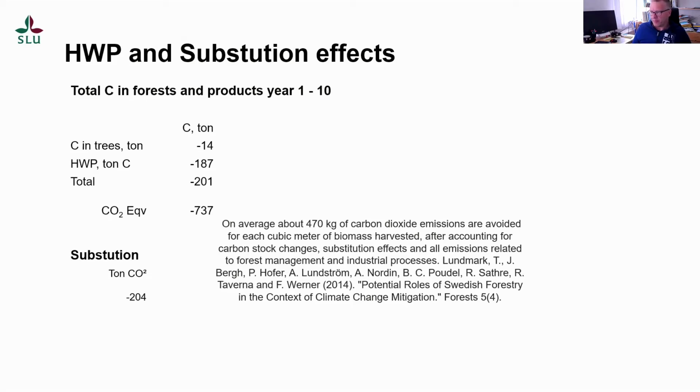So there are more harvested wood products after 10 years of cutting. One problematic thing is that if you go 10 years further on, this will decrease a little bit, of course, because then part of the buildings will not be there anymore, and it will be burnt maybe for energy purposes and so on.